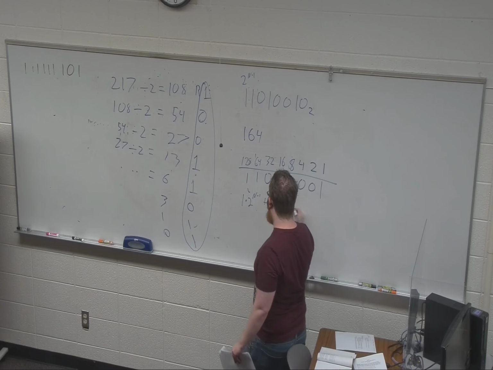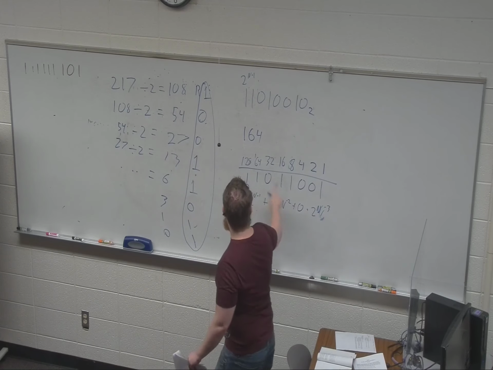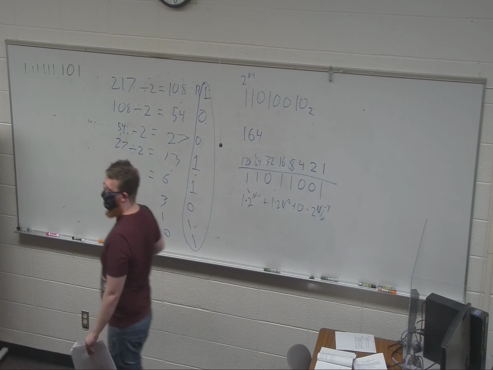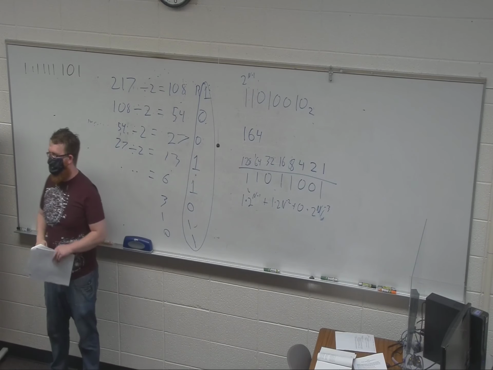And then if you have a 0, then it's plus 0 times 2 to the n minus 3. And that just becomes the return. So this is probably the quicker, cleaner way to do it. That is the mathematically rigorous way to do it.